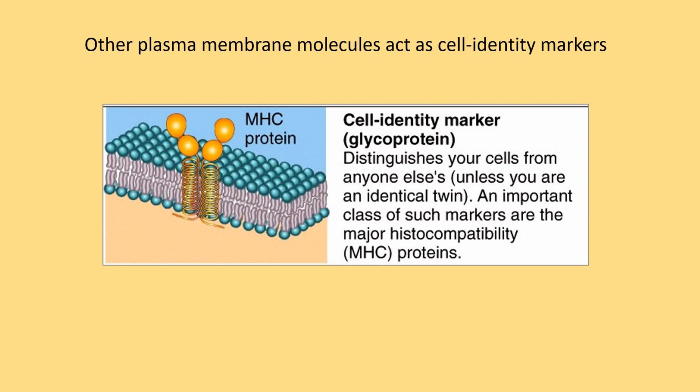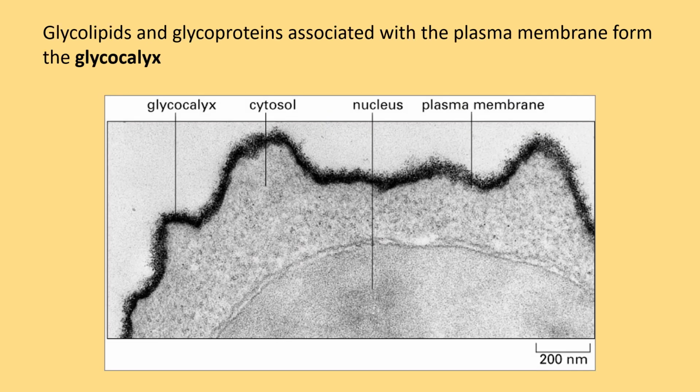You have many different cell identity markers. And sometimes those cell identity markers are referred to as the glycocalyx. The glycocalyx refers to this carbohydrate-rich coating on the extracellular surface of the plasma membrane, made up of glycoproteins and glycolipids, where the glyco, the carbohydrate part, protrudes into the extracellular fluid.